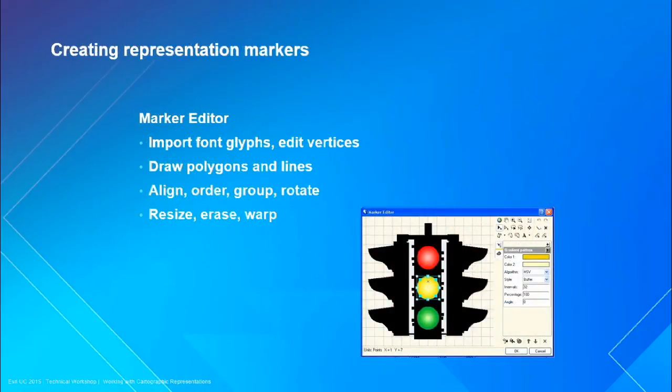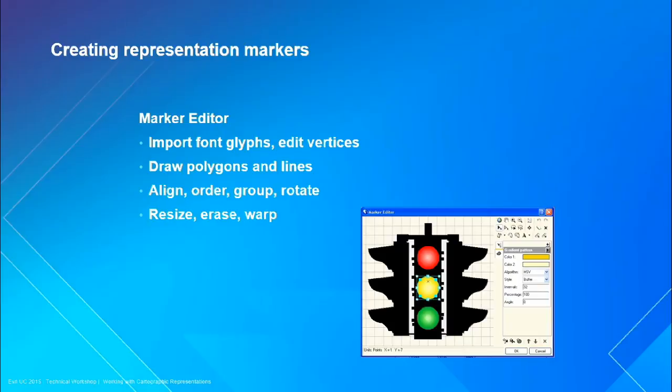So Chait showed you the representation marker editor with the golf course symbol already. This is where you have a lot of control over the actual shape. So we have some basic drawing capabilities in here. Probably one of the best ways to get shapes and start working with them is what Chait showed you, which is importing a glyph from a font on your machine.